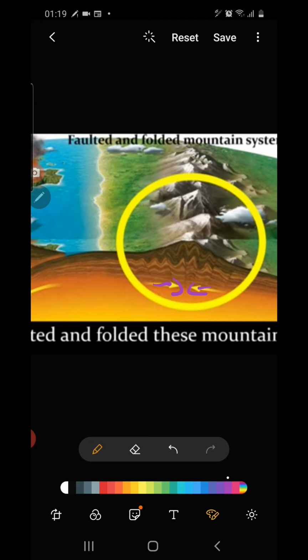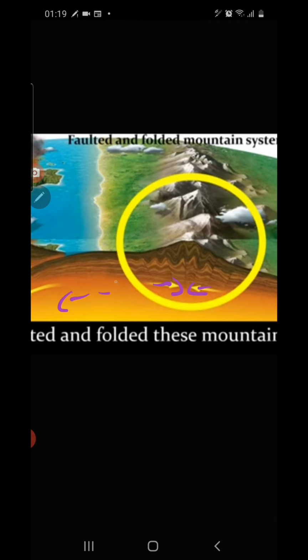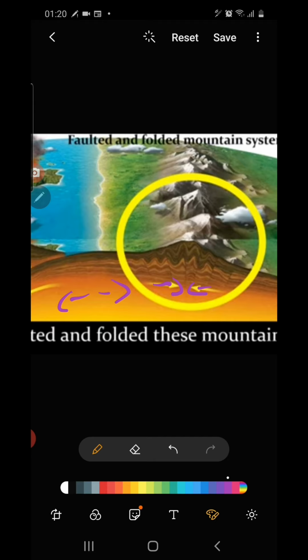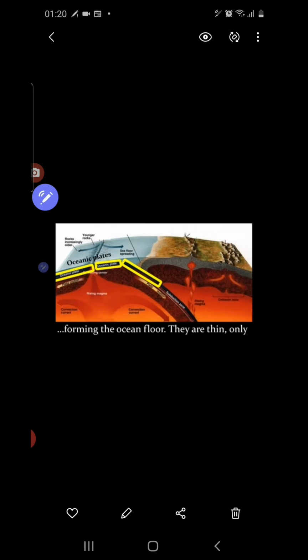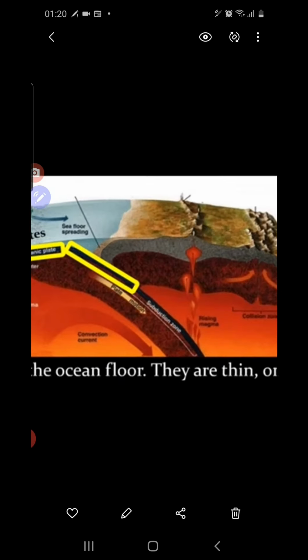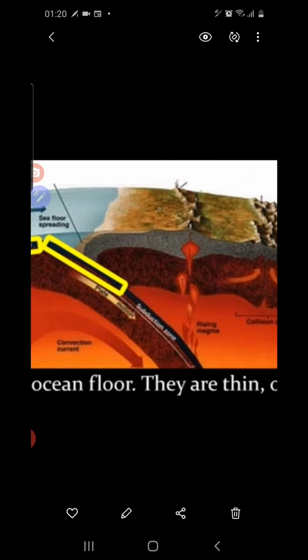You can see all these are fold mountains. Even faulting is also there. When plates move towards different directions, faulting appears. Sorry, faulting causes the formation of block mountains. Clear?